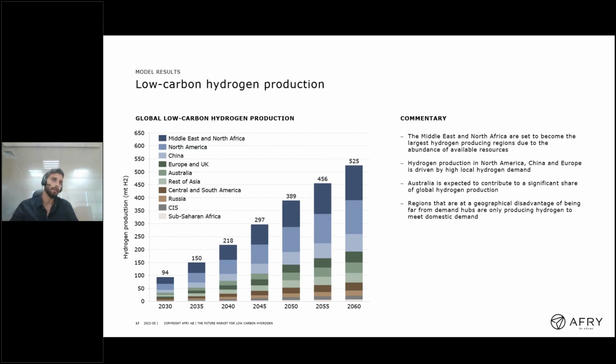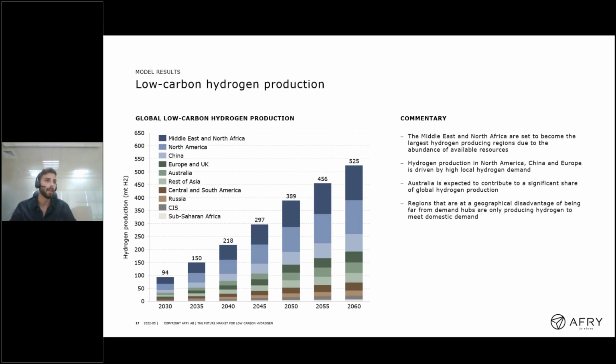The same can be said regarding Australia, and that's why it's also a major contributor towards global hydrogen production. Second, we can analyze the production in North America, including the United States and Canada, and China and Europe and UK. So hydrogen production in these regions is actually mainly driven by the high local hydrogen demand.